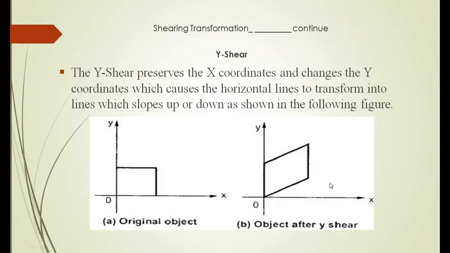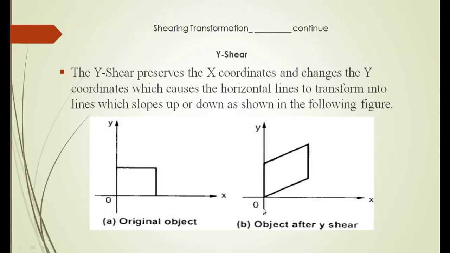So here this one is our original object and this one is our object after the y shearing. Means in x shearing the object moves right or left, while in y shearing the object goes up and down.